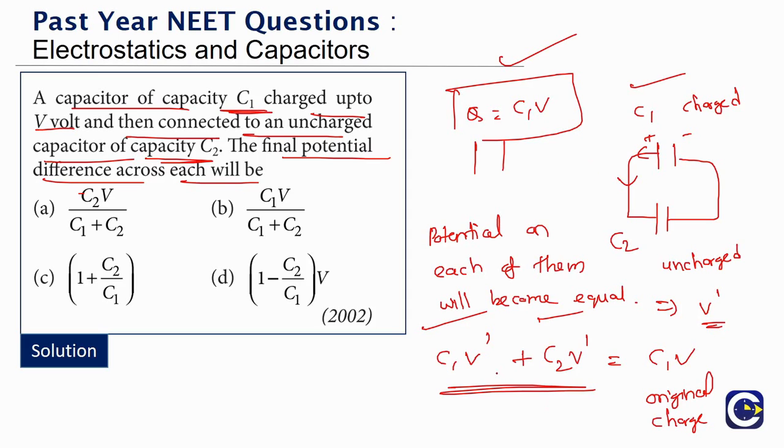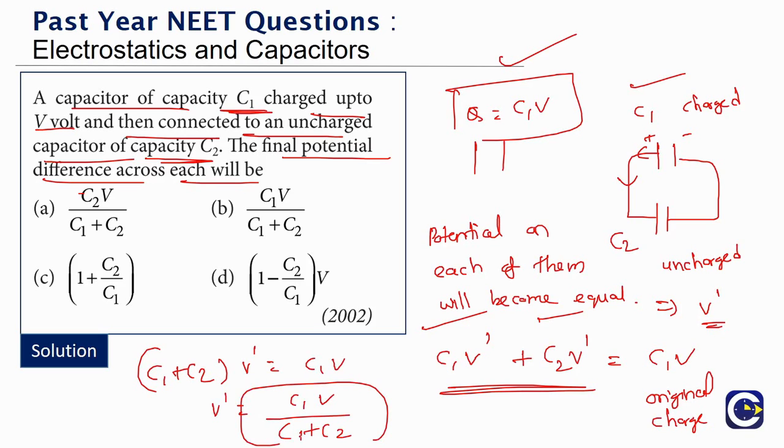Now from here, on the left hand side, C1 plus C2 into V dash can be taken common. So V dash is C1 V by C1 plus C2. That's it. The answer is option B. So when you connect the charged capacitor across the uncharged one, charge transfer happens till both the capacitors get the same potential.